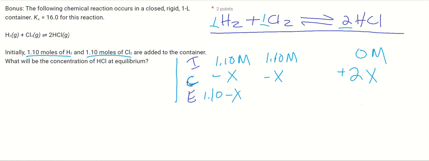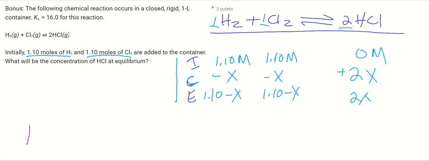This one's the same thing, 1.1 minus x. And then over here, 0 plus 2x is just 2x. We're trying to figure out what x is in order to answer the question. But at least we have one variable, because if we didn't do this, we would have 3 variables.